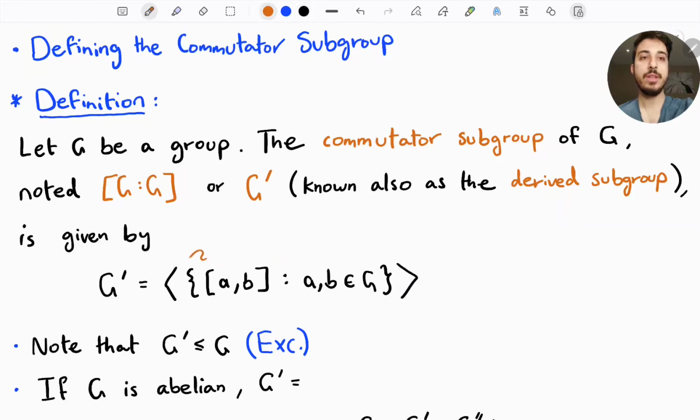So essentially, this is our subset in G, and we are generating based on that subset.